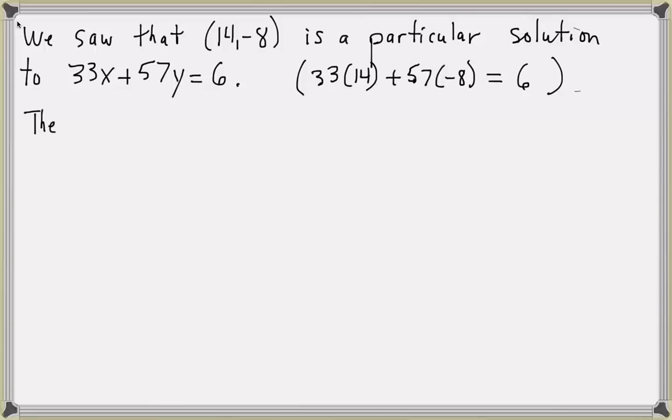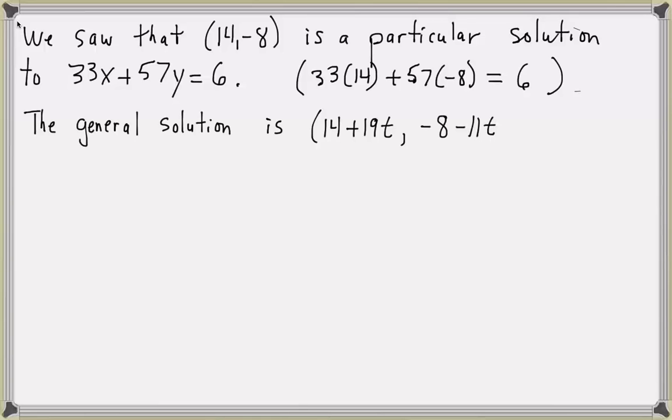The general solution is the point (14 plus 19t, negative 8 minus 11t), where t is any integer.